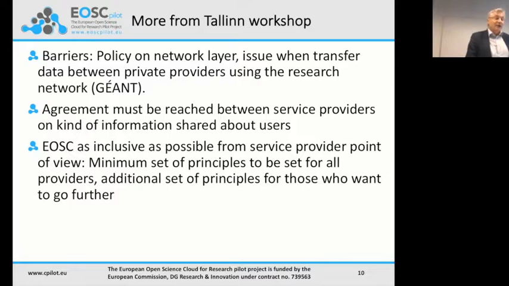Other things that came up in this Tallinn workshop were around the barriers. On the policy on the network layer, for example, there could be a specific issue if commercial cloud providers are now procured that get the Xi'an connectivity. It could be an issue then to transfer data over Xi'an between two commercial providers.